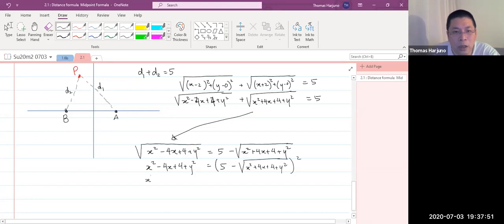So I get x squared minus 4x plus 4 plus y squared equals 25 minus 10 square root of x squared plus 4x plus 4 plus y squared, plus the square of that thing.